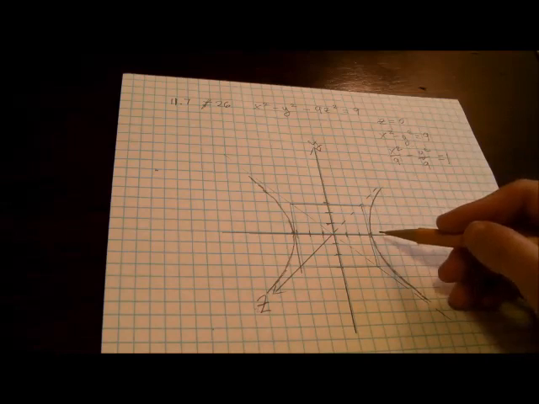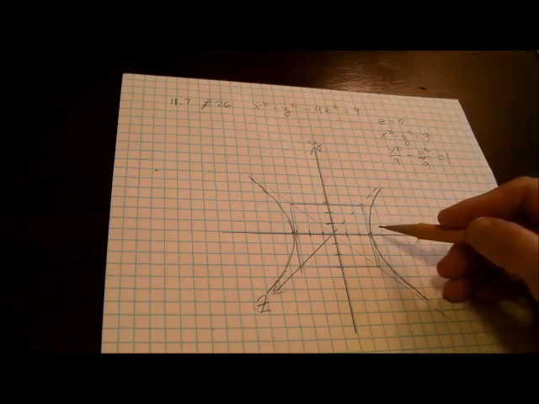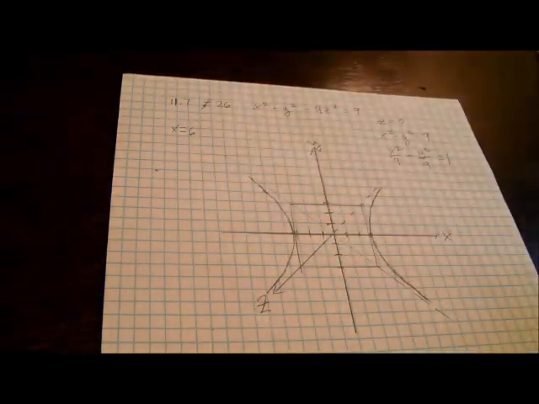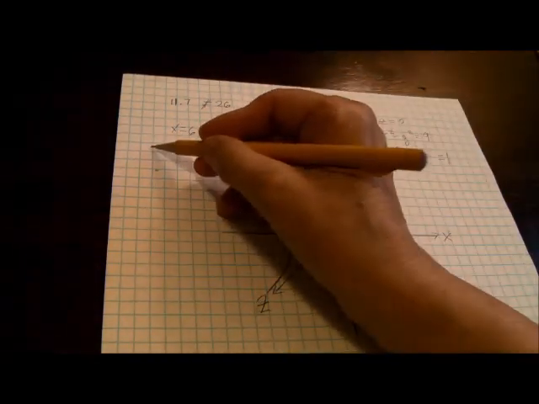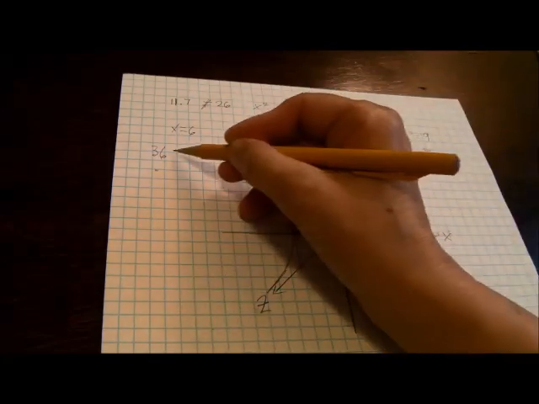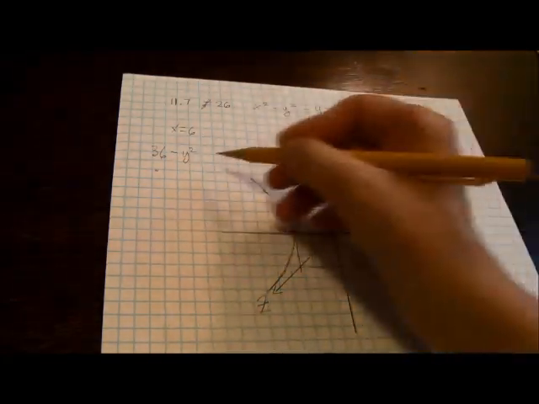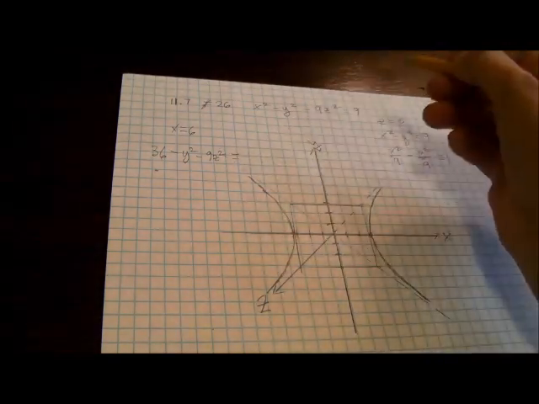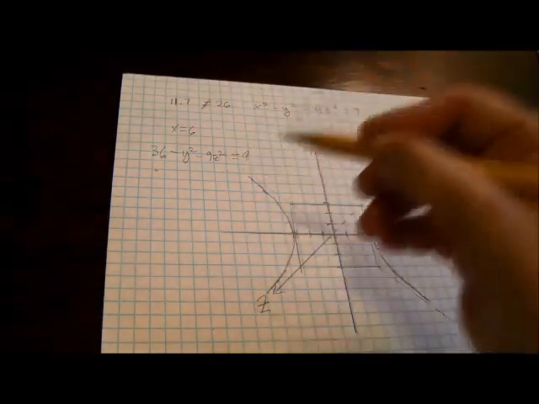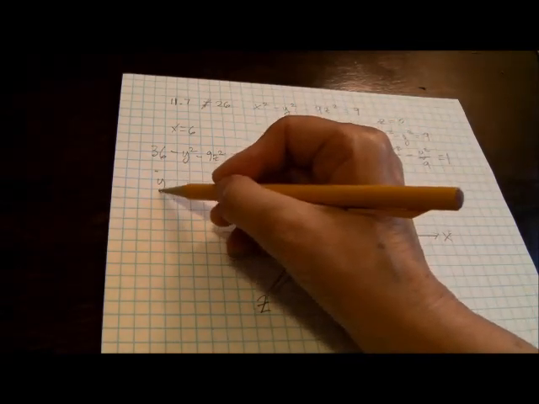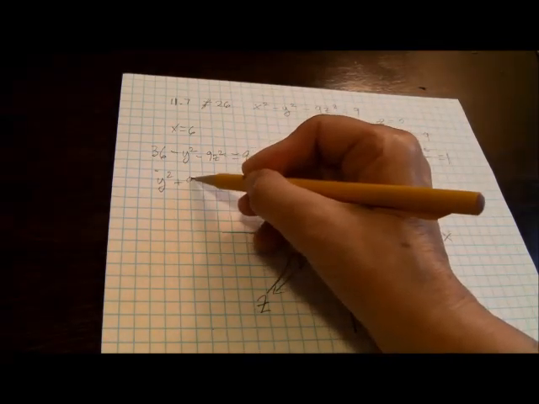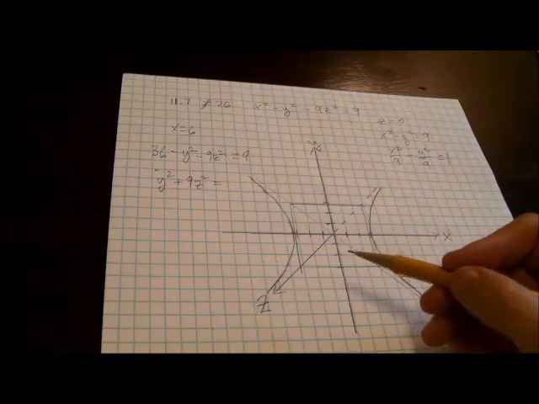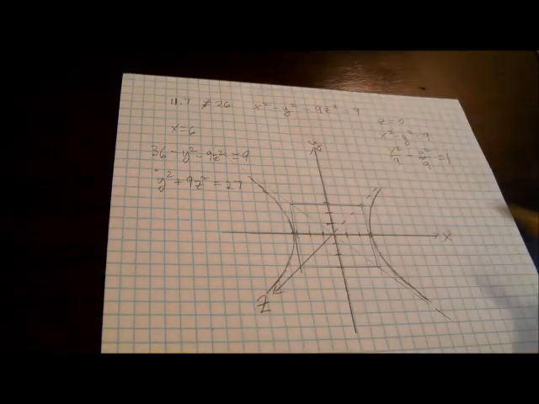So I'm going to let x equals 6. So if x equals 6, then I get 36 minus y squared minus 9z squared equals 9. And then if I rearrange that, I get y squared plus 9z squared equals 27, right?